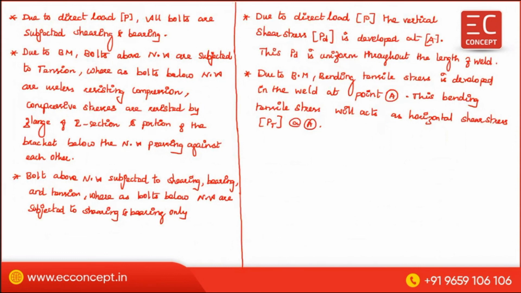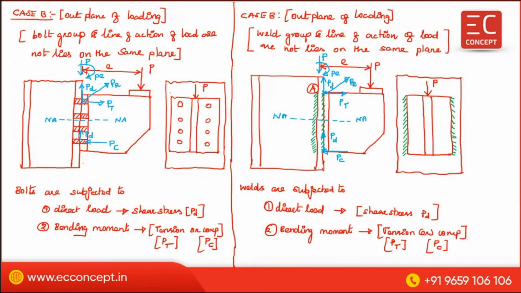Therefore, the resultant stress at A is equal to square root of PD square plus PT square. There are two stresses acting at a right angle, then PR is equal to the square root of these two squares.